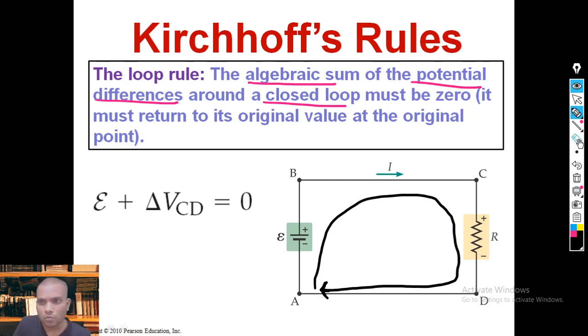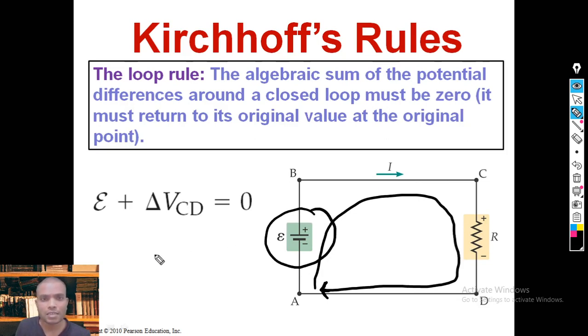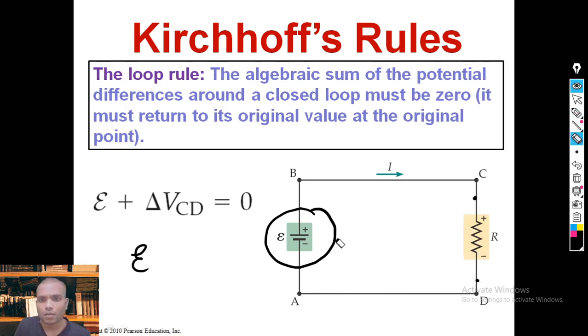So in this loop, the algebraic sum of potential differences. How many potential differences are we having here? We have the source potential difference, equal to the EMF E, which is given, and here the resistance. How can I calculate the resistance potential difference? If I know how much current is passing through the resistance, suppose current Is is flowing through it, and the resistance is already there.